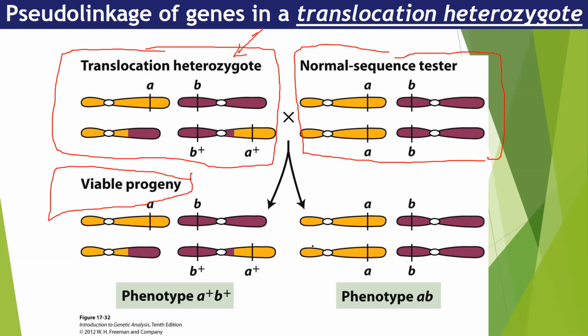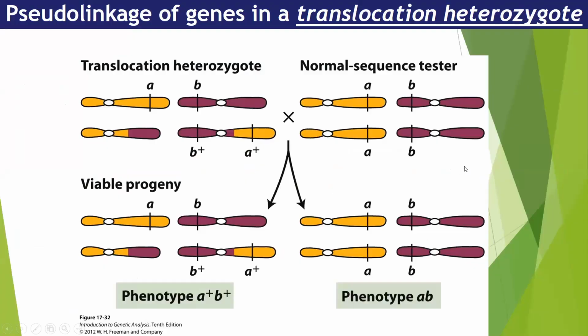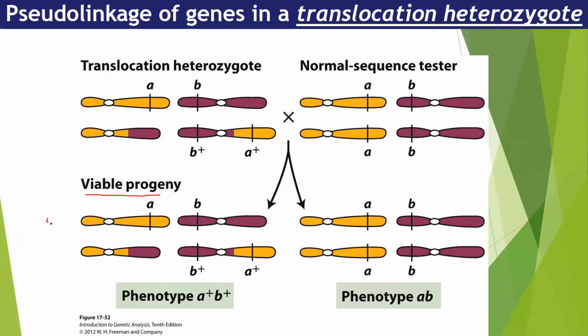For example, if the two translocation chromosomes come together, then this gamete will be a balanced one. Otherwise, if one is a translocation chromosome and the other is a standard normal chromosome, then that one is not balanced, so it cannot survive. So in this situation, if we look at the viable progeny, this is one, and this is two.